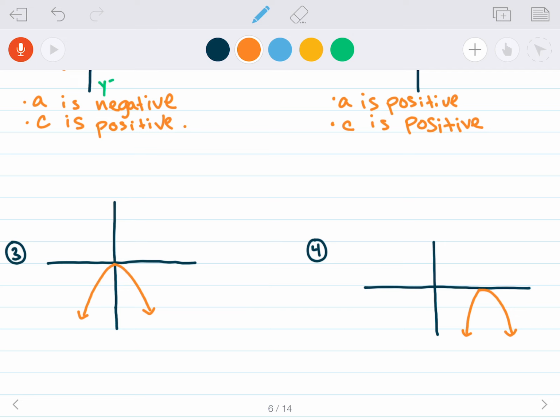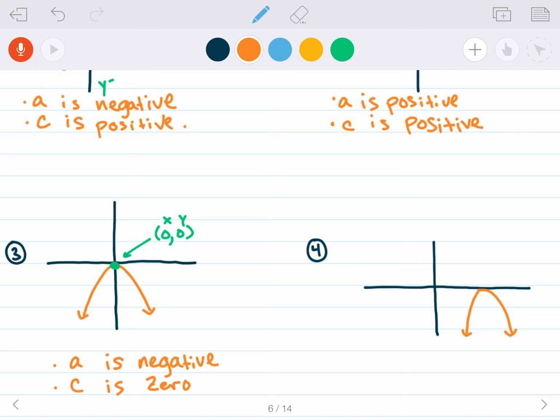So here it's opening downwards, frowny face, so A is negative. Now C, it appears that it's crossing the y-axis at y equals 0, the origin. So that means that it's not going to be positive or negative, it's actually going to be 0.